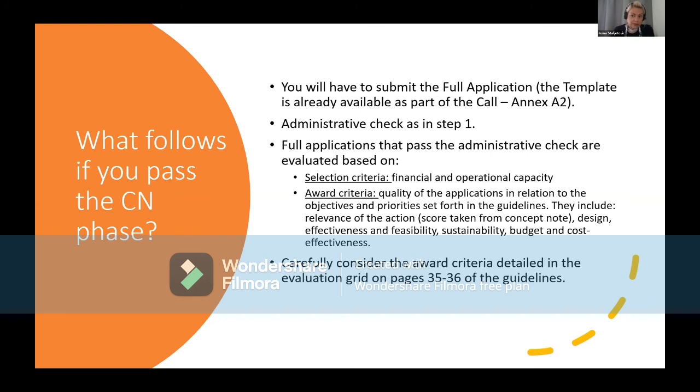So there are different categories for the award criteria, and this assessment grid is also available in the guidelines for applicants on pages 35 and 36. You can consult it, even though it is envisaged in step 2, the second phase, so you can take a closer look to see what will be expected from you.